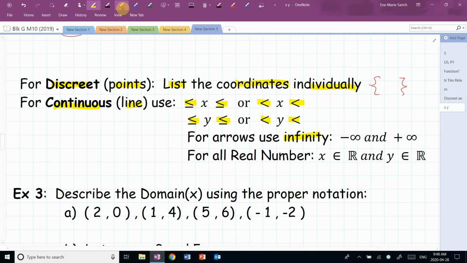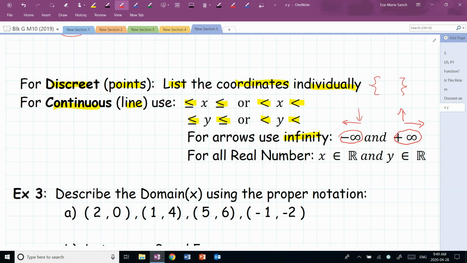Now, if it goes on forever as an x value in the left direction, that would mean it's going to be negative infinity. If it's going to go on forever in the y direction, it would be down for negative infinity. For positive infinity, for the x value, it's going to go on with an arrow to the right for x's, and it's going to go up with that arrow forever with the y values.